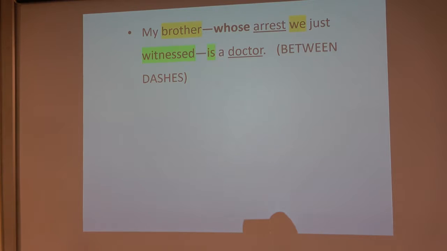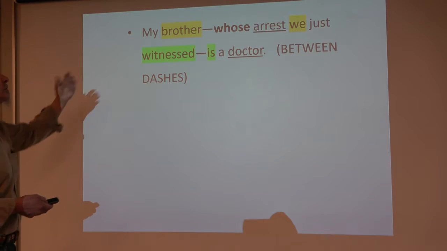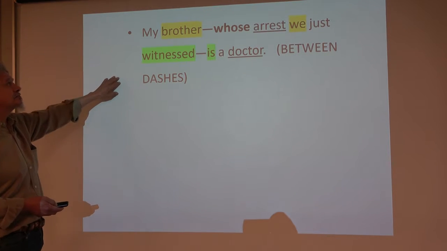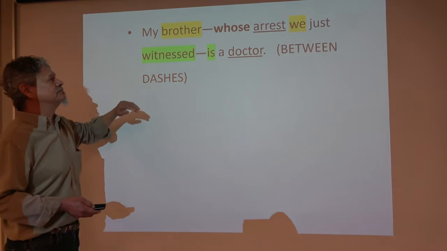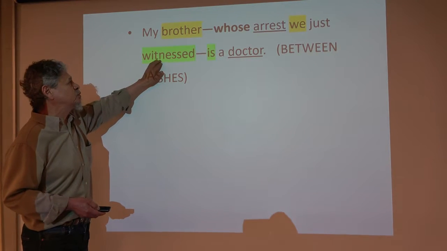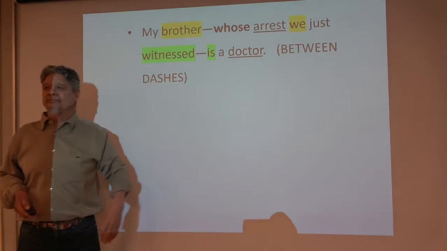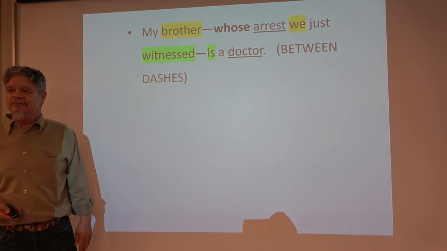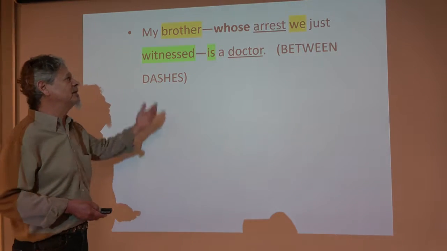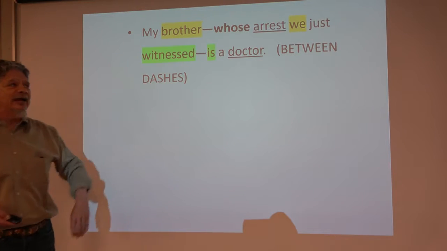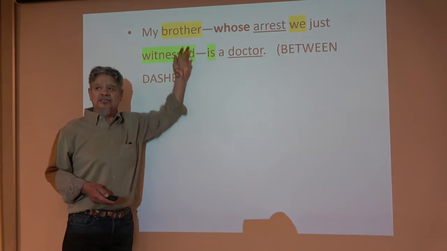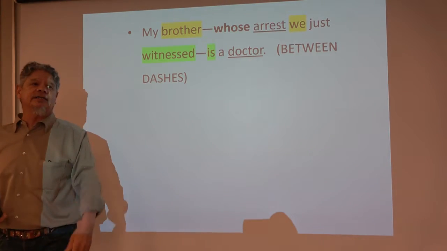Okay? And this is my last example. My brother, whose arrest we just witnessed, is a doctor. Kind of a contrast, huh? My doctor brother being arrested? Okay? So again, the dashes are helpful in highlighting things.